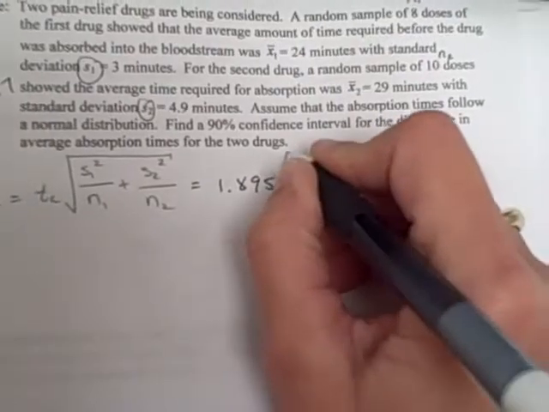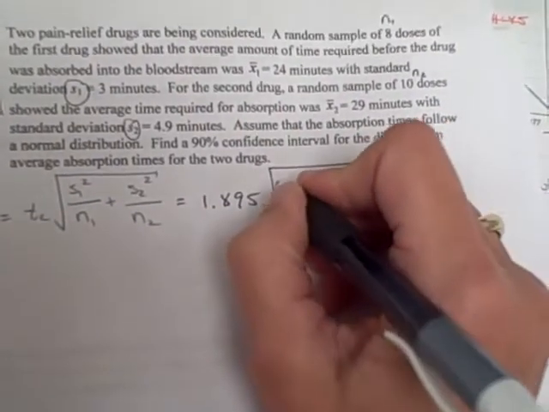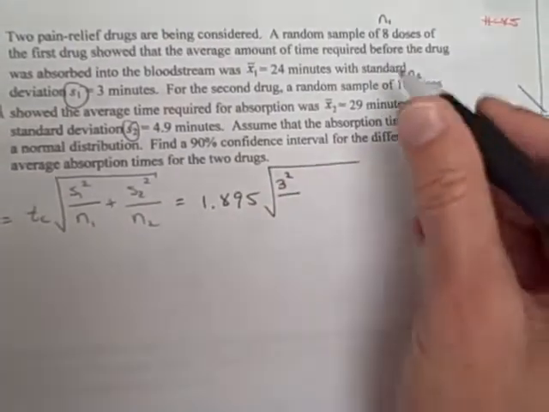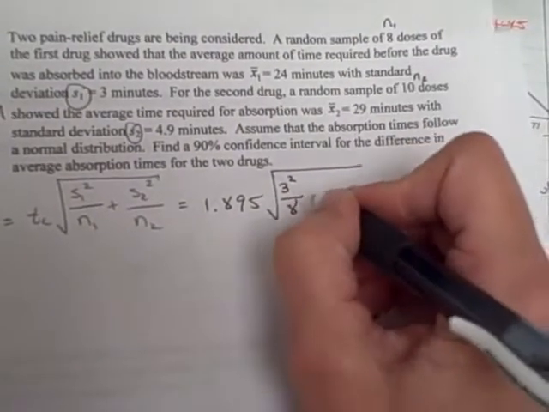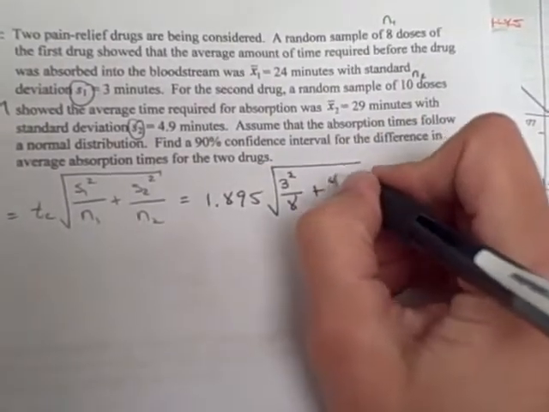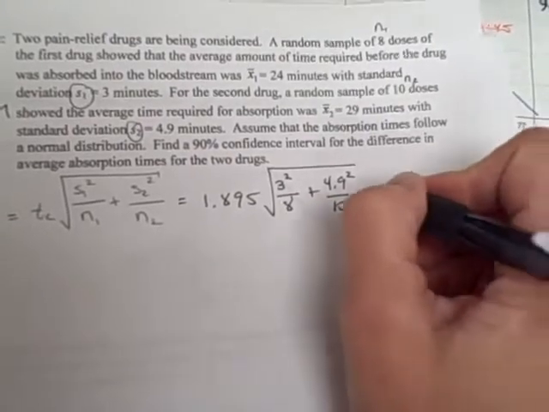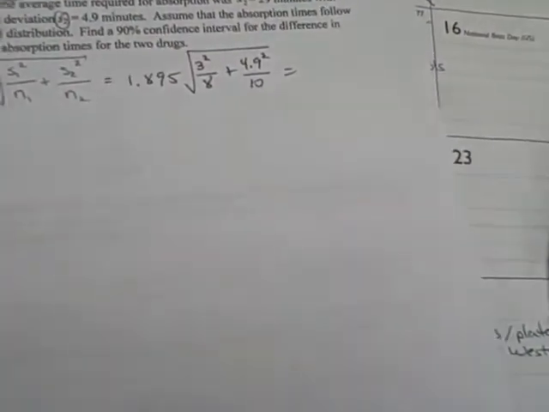1.895 times the square root of, okay, S1, which is 3, so 3 squared over N1, which is 8, plus S2 squared, so 4.9 squared over N2, so over 10. Okay, and we work this out.